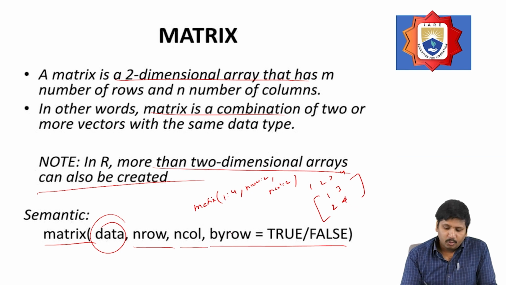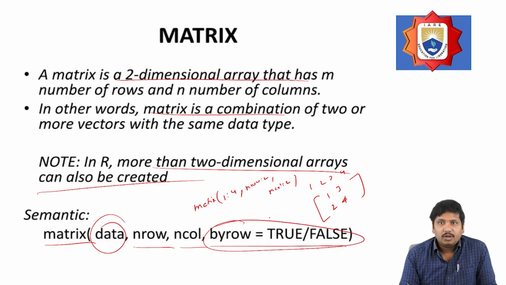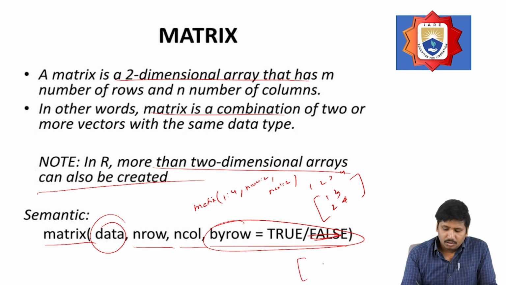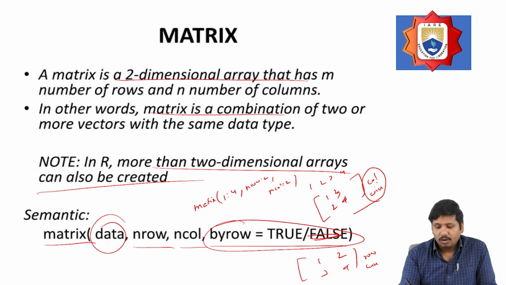Suppose I mention byrow equal to TRUE, then the output will be 1, 2, 3 row-wise. By default, it is column-wise. If I mention byrow, then it is represented row-wise.